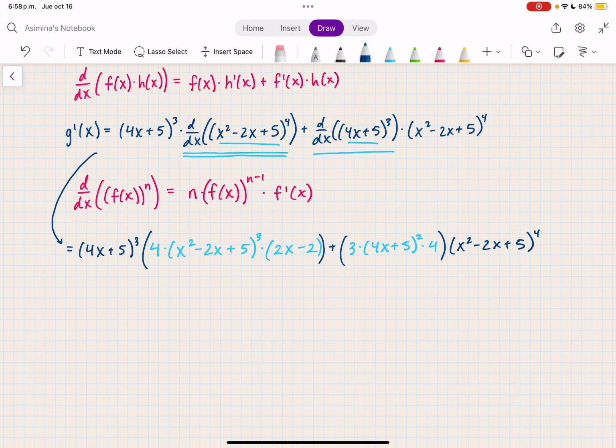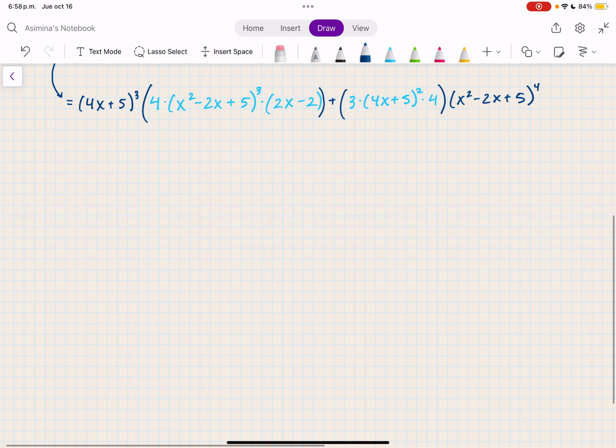Now we have to simplify this a bit. Let's see what we can do. Here we can take out the 4, where when I say take out the 4, I just mean bring this up front. So 4 times (4x + 5) cubed. Now I can also factor out a 2 from here, so this can become 2 times (x minus 1).